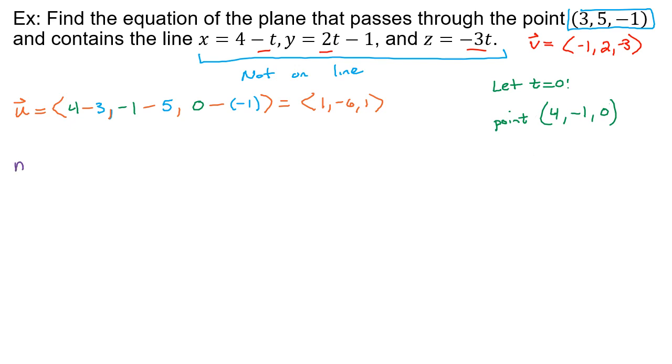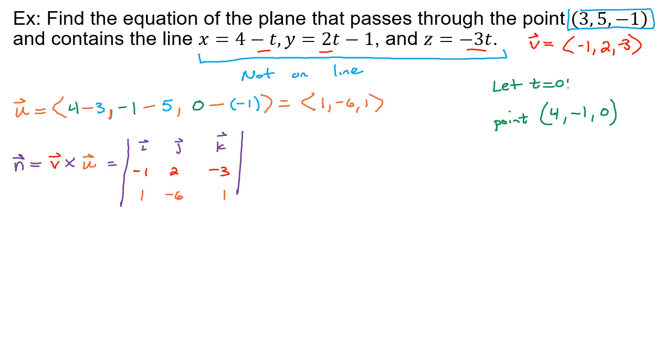And so my normal vector n would be my vector v crossed with my vector u. Crazy, isn't it? I always thought it was. So I have an i, a j, and a k. I'm going to cross the -1, 2, -3 with the 1, -6, and 1.